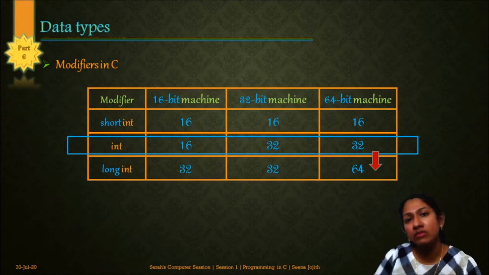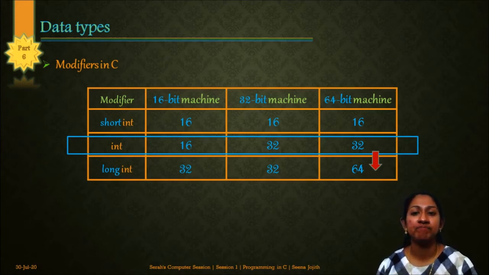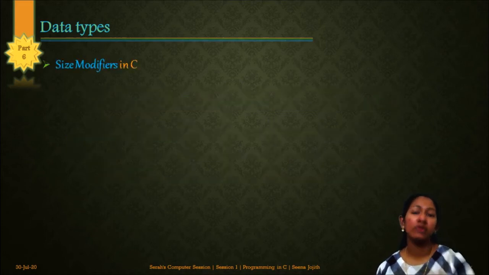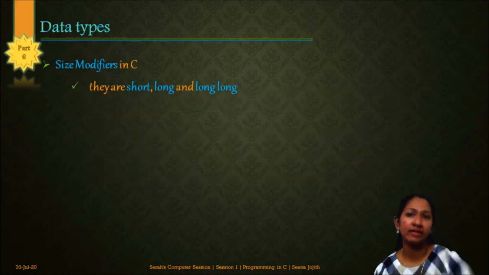It's not getting lower than 16. And the minimum size allocated for a long int is 32, and that is why a 16-bit machine carries 32 bits for long int. If you're getting confused, just leave it, because I don't think this point is really necessary for you to do programs. Now we'll see some points related to modifiers.